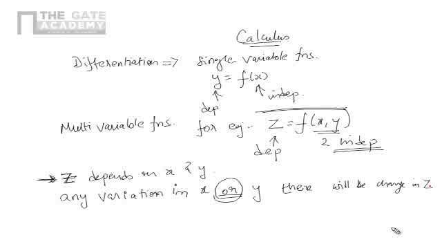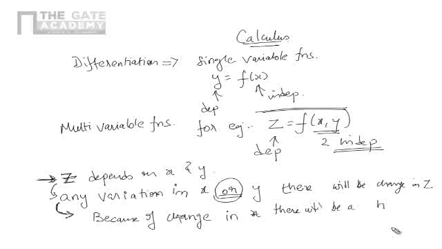Correct? Now again, I came from this statement to this statement. Let me go step by step. Let me form further statements from this statement. Because of change in x, there will be a change in z.